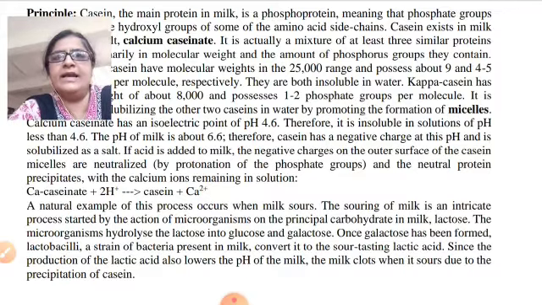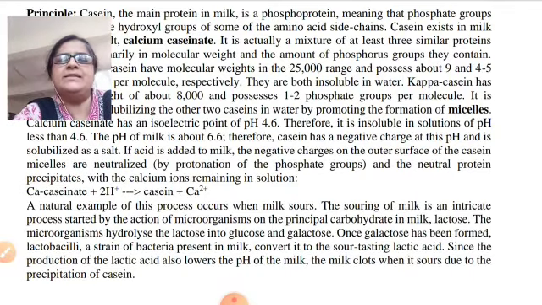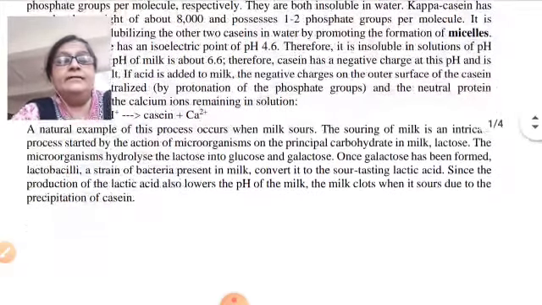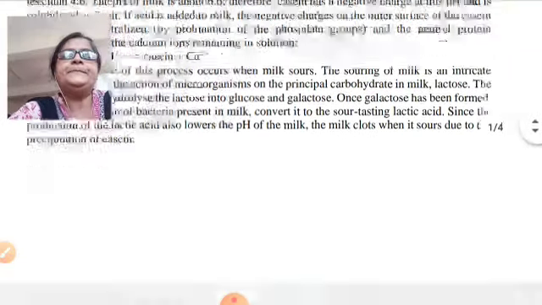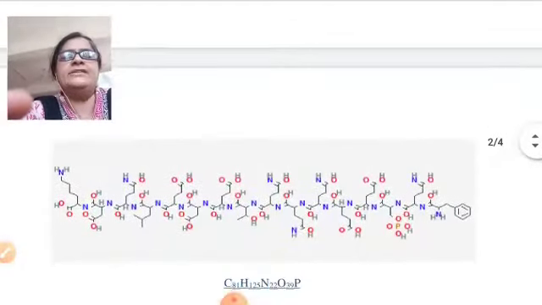That is, lactic acid is formed. Since the production of lactic acid also lowers the pH, the milk clots when it sours due to the precipitation of casein, which is mainly what the paneer is formed out of.